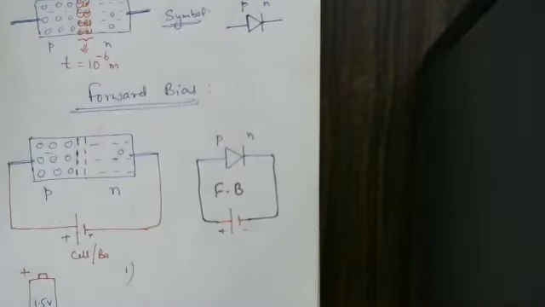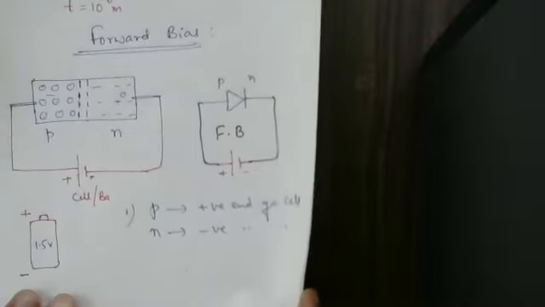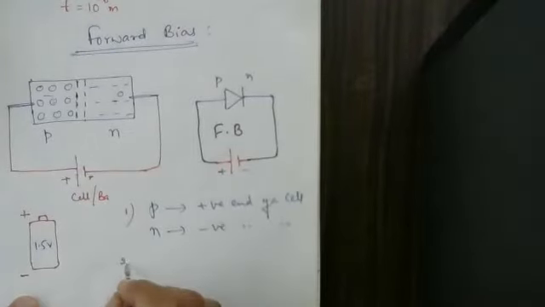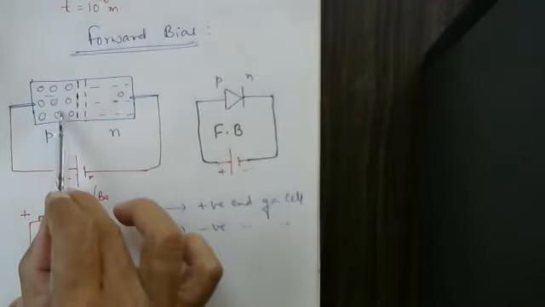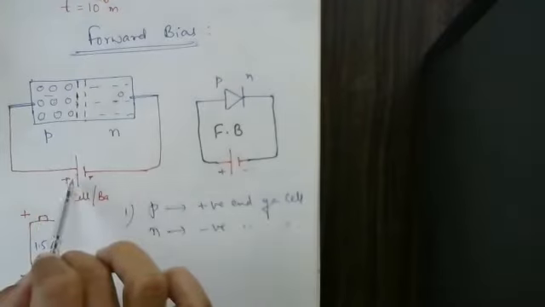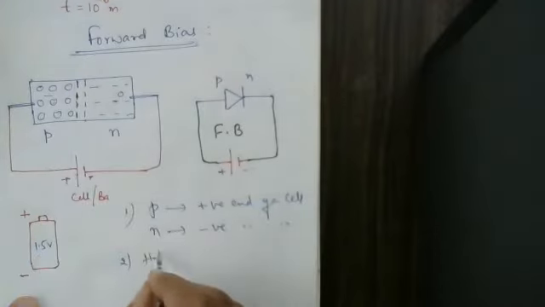Point number one: P is connected to the positive end of a cell, and N is connected to the negative end of the same cell. Point number two: holes on the P side are repelled by the positive potential.